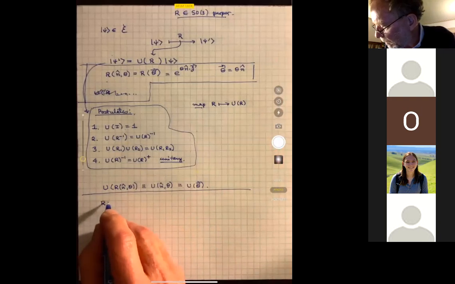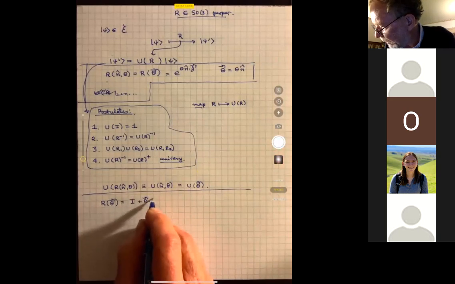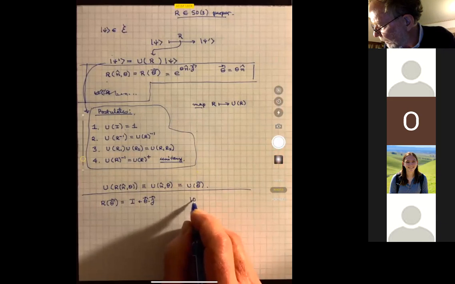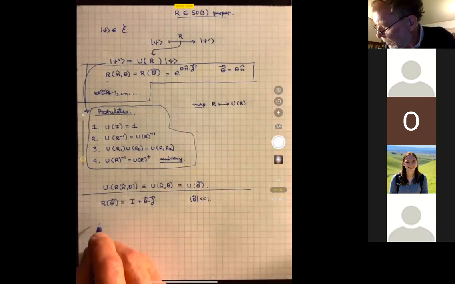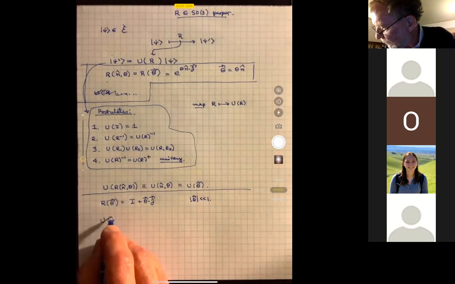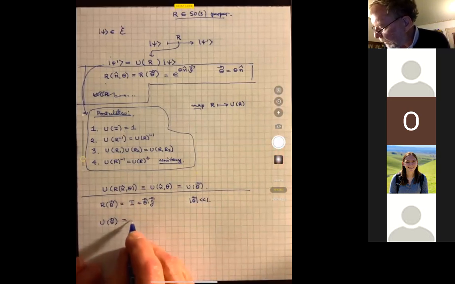Well, in the case of R of theta vector, we know what that is. That's equal to the identity plus theta vector dotted into our script J vector here. This applies when theta vector is small, which is what we're going to assume now. As far as the U is concerned, U of theta vector, what does that look like when theta is small? Well, we can work that out by using a Taylor series.